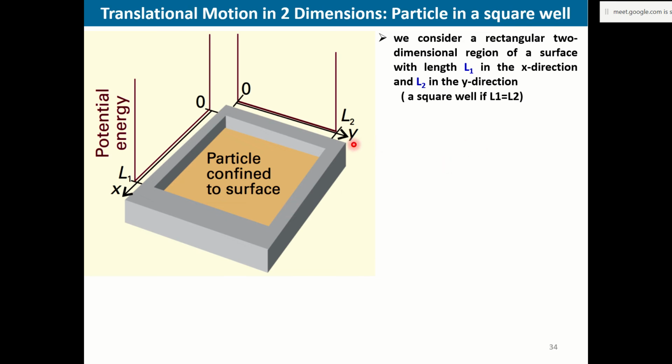L1 and L2 are the two lengths along x and y. An exceptional case would be when L1 and L2 are equal. So let's start with that, the simple case.